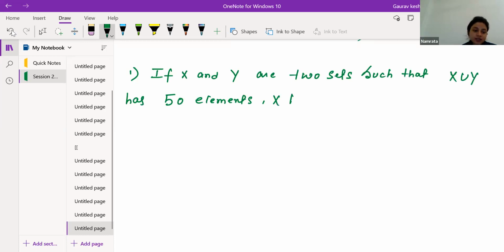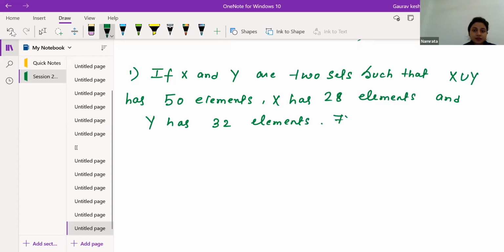Here X has 28 elements and Y has 32 elements. Then how many elements does X intersection Y have?